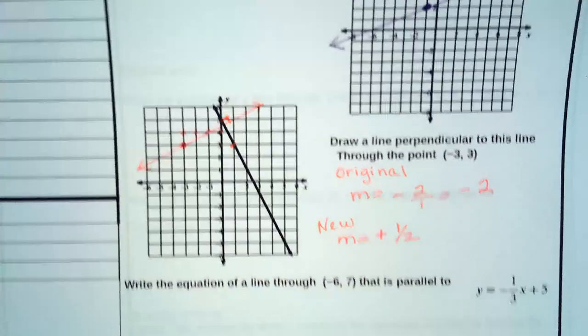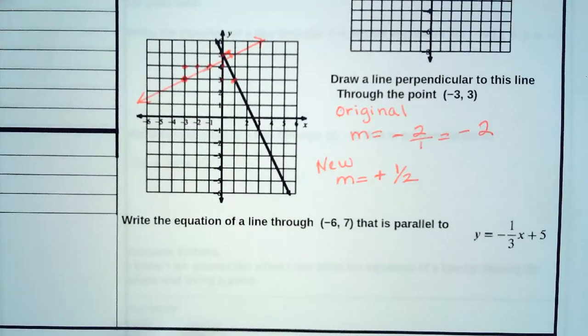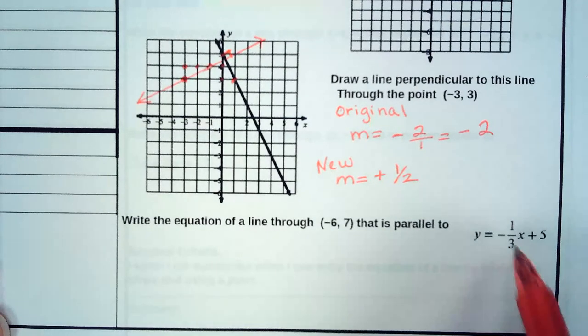Okay, but what about the equation of a line that's through a point and parallel to this? What do I do to find it? What do I know? Well, to be parallel, they have to have the same slope.